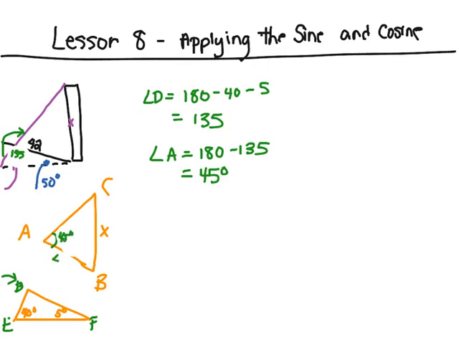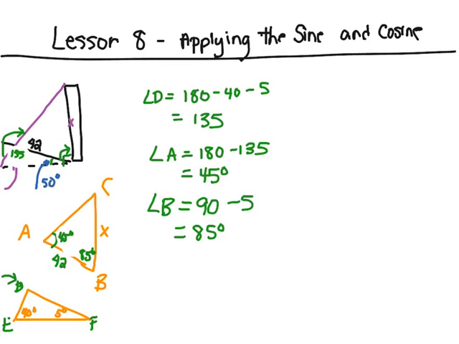And we already know the shadow is 42 meters. We also need to find this angle. If you look, this is a right angle, minus this extra 5 degrees. So angle B is going to be equal to 90 minus 5, which is 85. So this angle is 85 degrees.